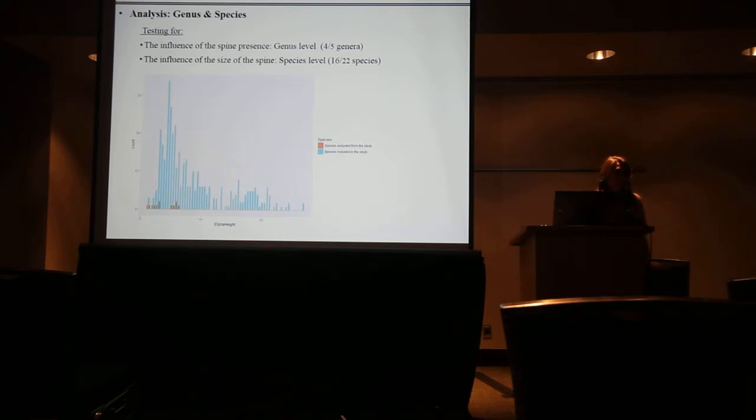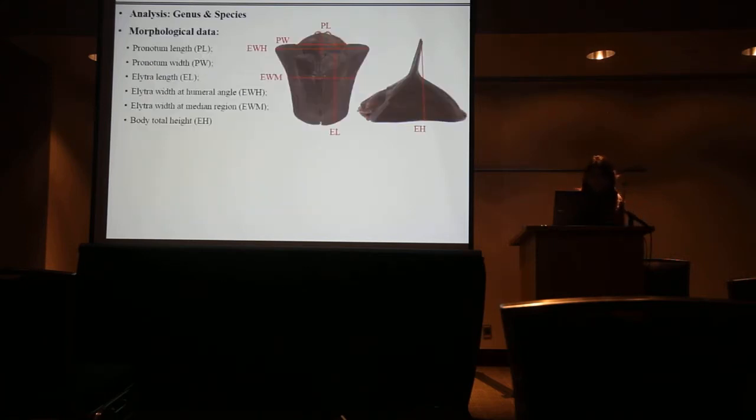You have a hole, basically, and then you can't compare them. At the genus level, I used 4 genera because one genus is monotypic, only known from the type species, and this type species is very, very damaged. At the species level, I used 16 out of 22 species.